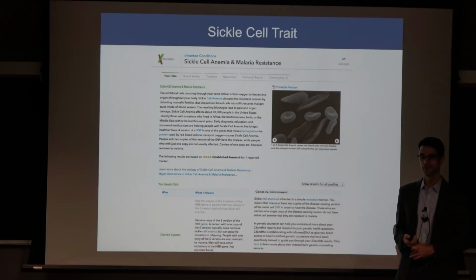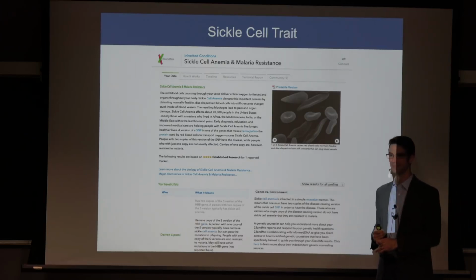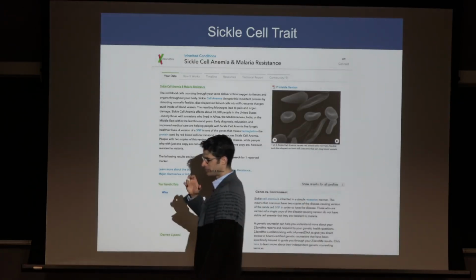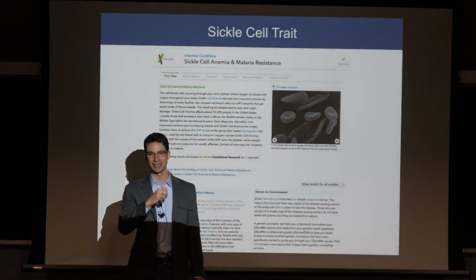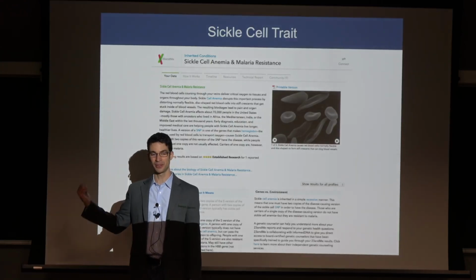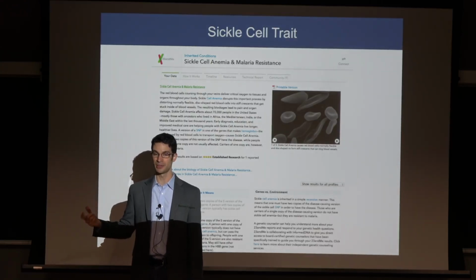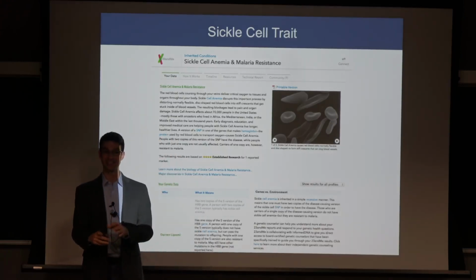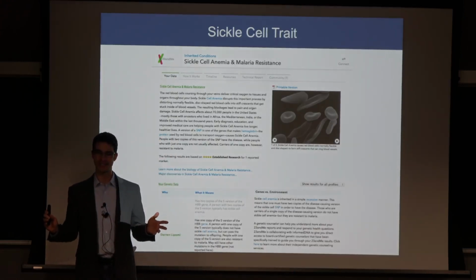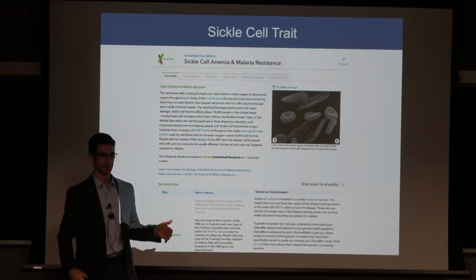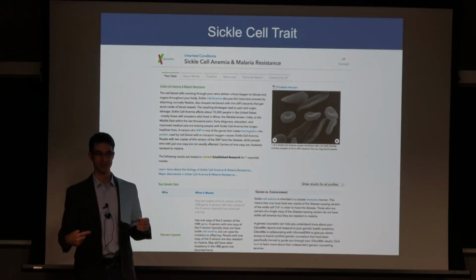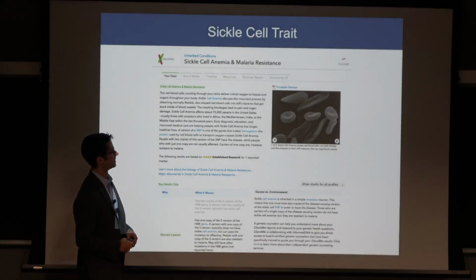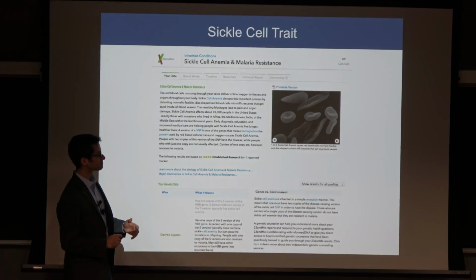So 23andMe, it used to be a lot cooler than it is now, but back when they founded 23andMe, you would spit in a vial and you would send it to 23andMe, and they would do your SNP genotype using Illumina machines, of course. Because something like 90% of all genetic data that has ever been produced has been produced on machines made by Illumina, right here in San Diego.